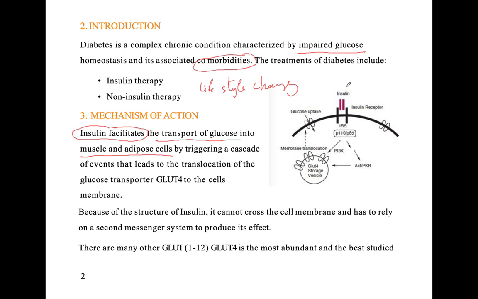It does that by binding to its receptor and triggering a series of events that ultimately lead to the translocation of glucose transporter 4. Let me say that again. Glucose transporter 4 is translocated from the vesicles to the cell membrane to allow for glucose uptake. There are many other types of glucose transporters, 1 all the way through 12. Glucose transporter 4 is the one we're going to be focusing on because it is the most abundant and the best studied.